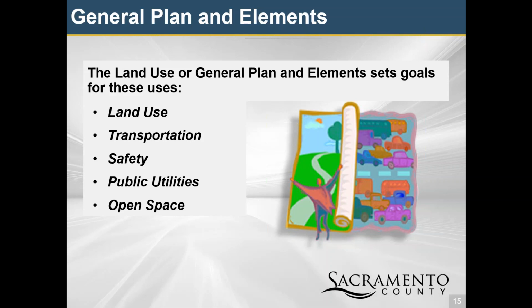Sometimes it describes the direction and pace of community development. Usually it takes a 5-year increment to forecast this. Some of the elements, as I said, are land use, transportation, safety, public utilities, and open space.